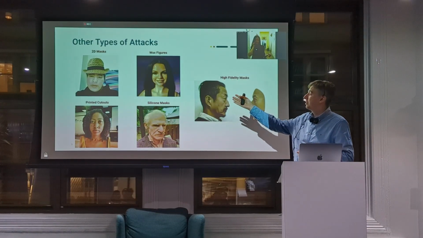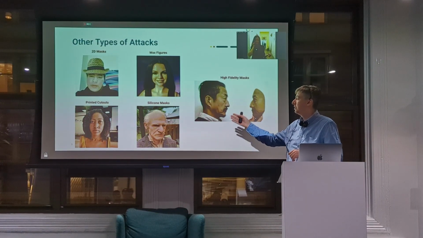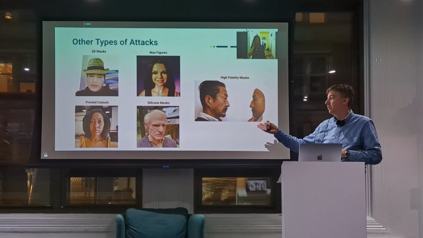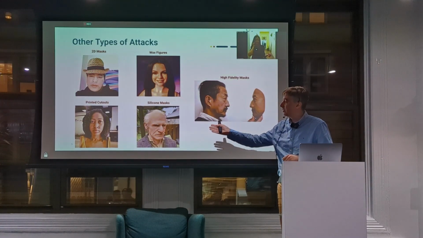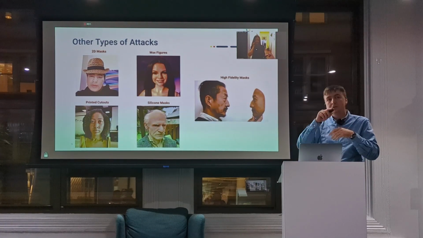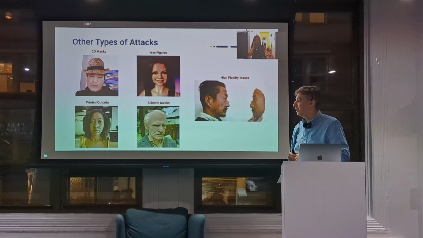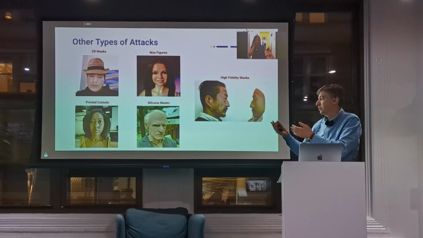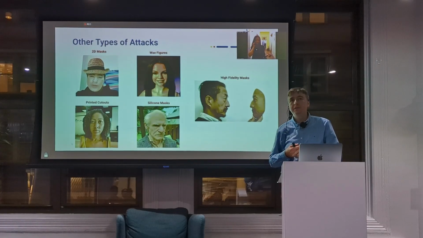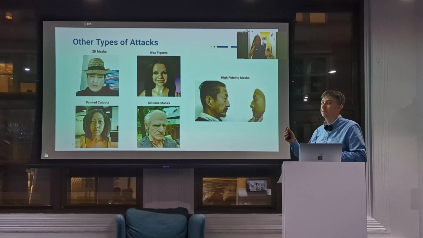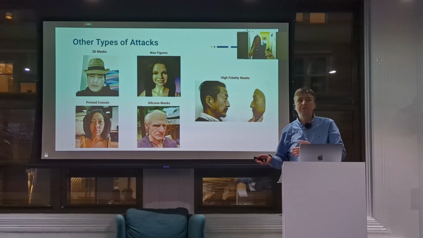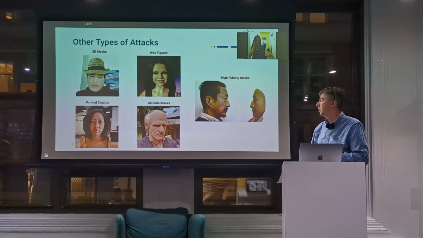This is a 2D mask, this is wax figures, this is a realistic silicone mask. You can buy it on Amazon for $300. Printed cutouts is when a fraudster prints and cuts out a part of the body, including the head, and it looks realistic, actually. And the new threat, starting maybe a couple of years ago, is called high-fidelity masks. This is a technology almost not available in Europe or in the US. It's available in Asia.